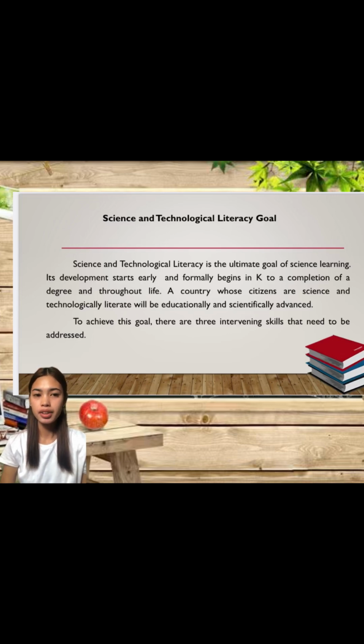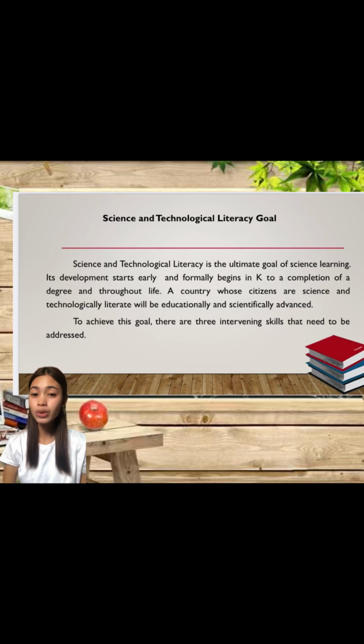Its development starts early and formally begins in K to 12, through the completion of a degree, and throughout life. A country whose citizens are science and technologically literate will be educationally and scientifically advanced.